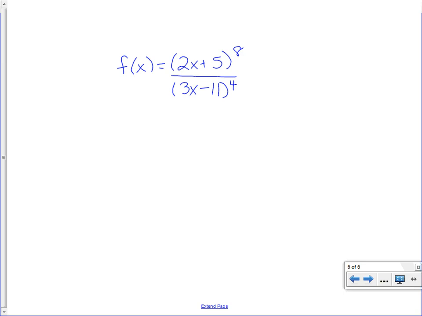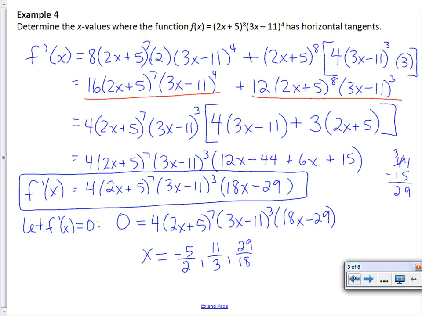But based on what we learned yesterday, can I make this a product? What's another way, instead of having this in the denominator, what could be my rewrite so that it looks like a product? I bring 3x minus 11 up, and what's the key? I have to raise it to the negative. You guys get that? You can totally still do everything here.